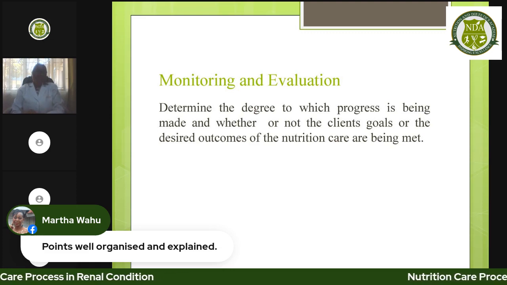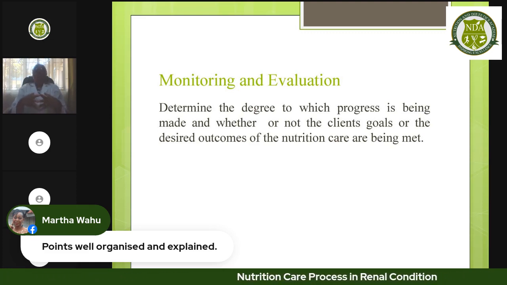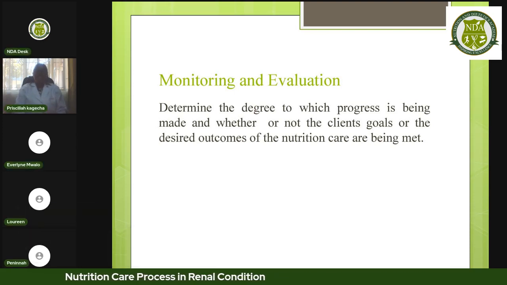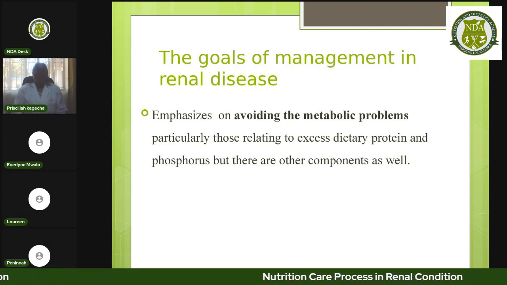So in management of renal disease, there are goals that we need to meet, as you've said. Like we said earlier, there are several renal diseases.